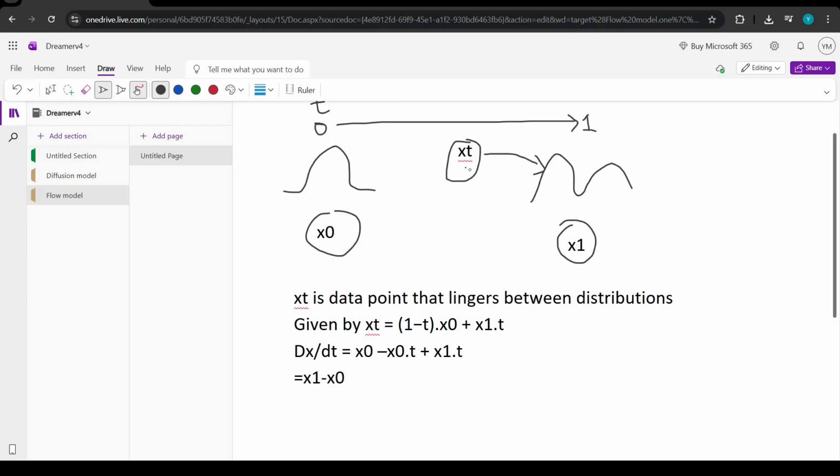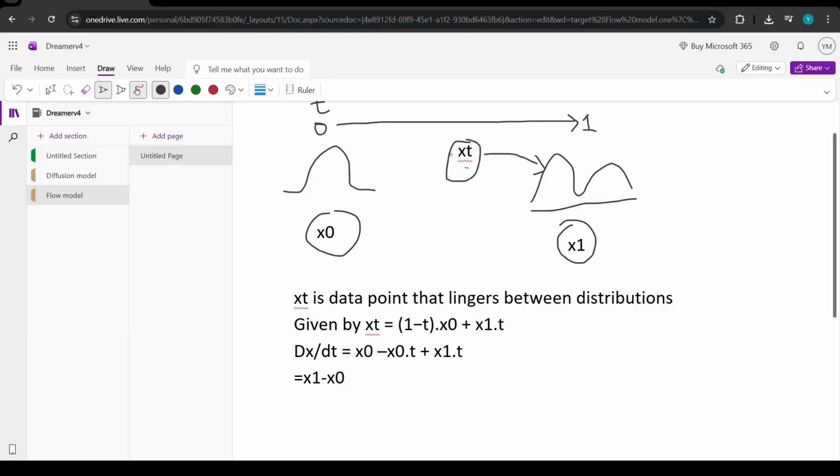So xt can be in the middle, so let's say if t was 0.5, it will be in the middle, and the model learns how to go from this point to this image distribution. So how does the model do that? It does that by understanding the velocity vector, the velocity field. Why velocity? Because it has to have a direction, right?